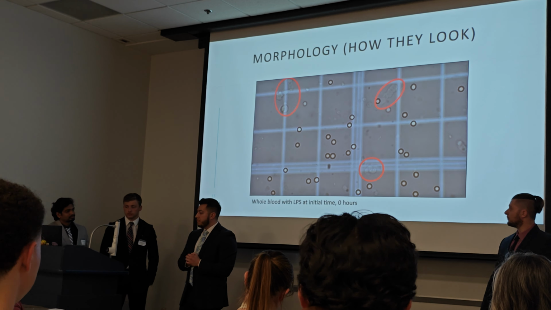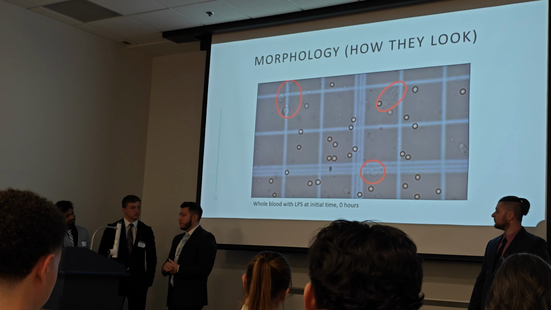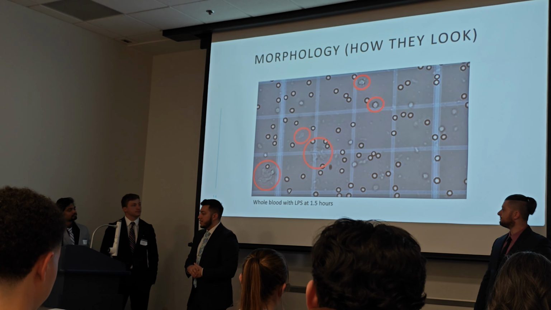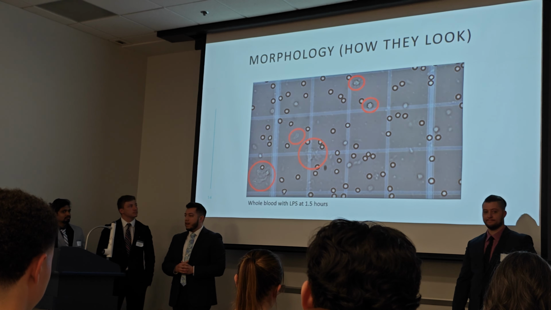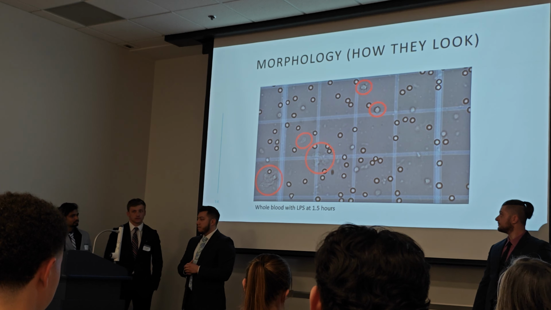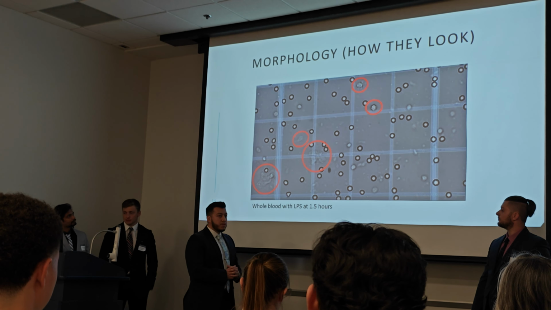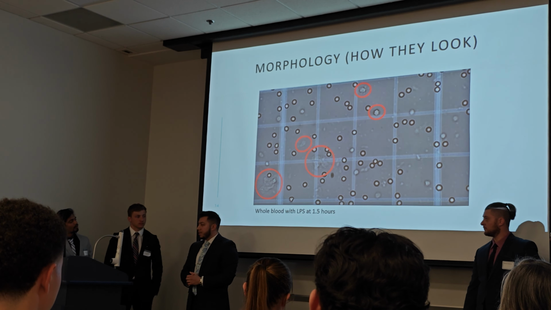This picture is whole blood with LPS at time 0, as soon as we mix them. And then this is the same sample an hour and a half later. As you can see, there's increased cell debris in the background. Notice in the top middle here, there is a cell that we assume to be undergoing lysis.